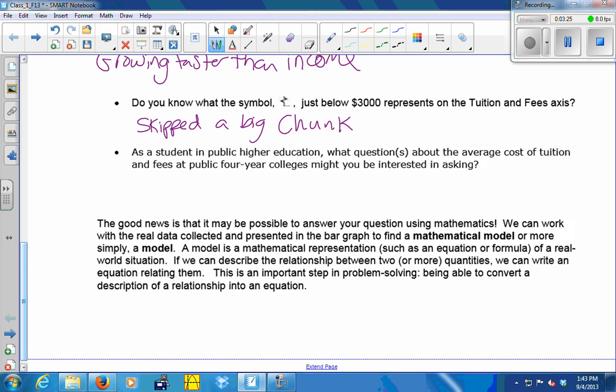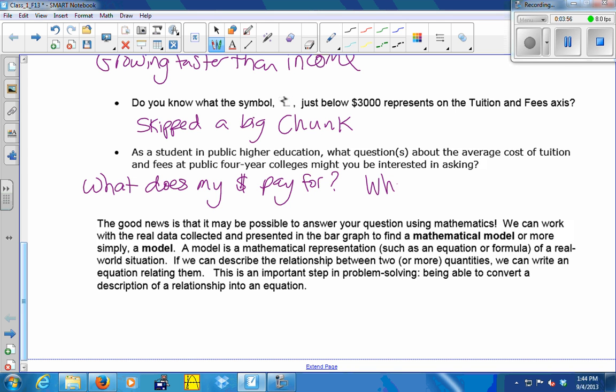So as a student in public higher education, as all of you are, what questions about the average cost of tuition and fees at public 4-year colleges might you be interested in asking? Okay. What does my money pay for? What else? Yes.